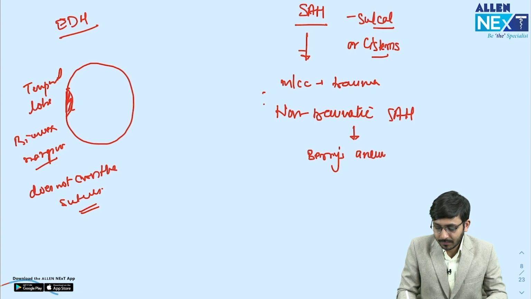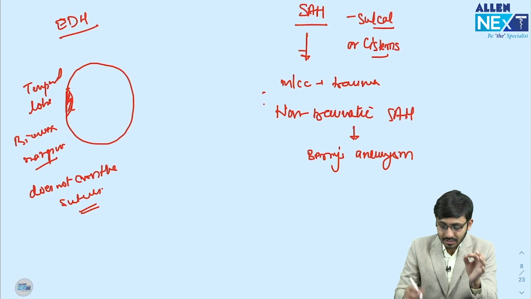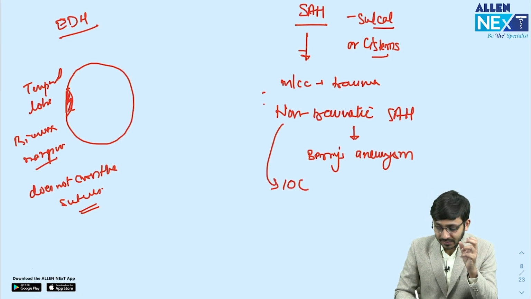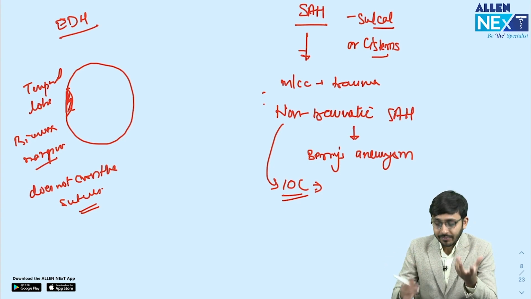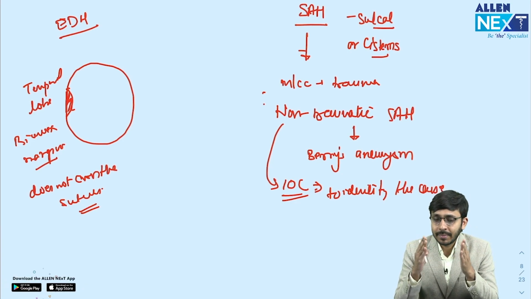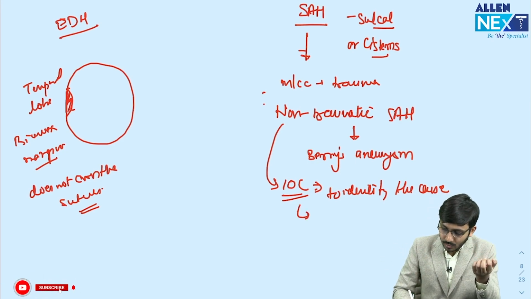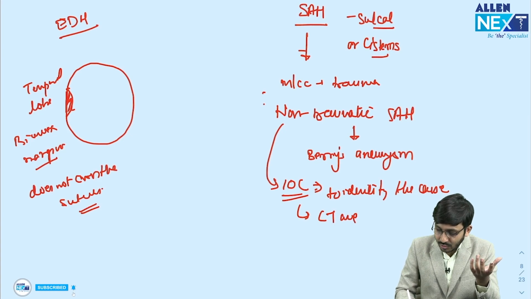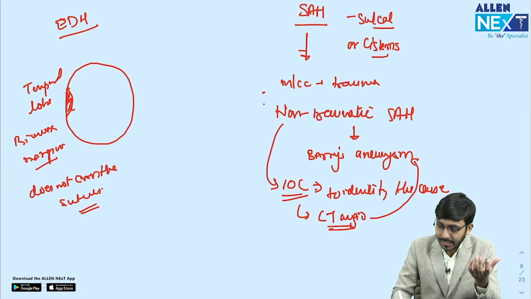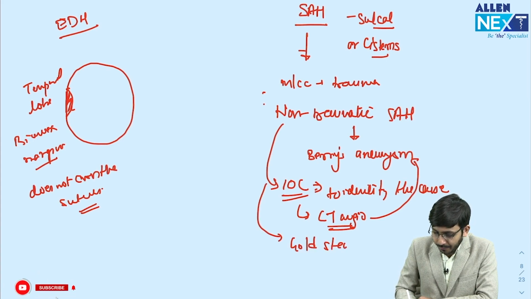Investigation of choice in a non-traumatic SAH to identify the cause: if the question says the patient has an SAH with no history of trauma, what will be the next line of management? Then you will go ahead and do a CT angio of the brain to identify these berry aneurysms. And for a non-traumatic SAH, the gold standard is DSA.